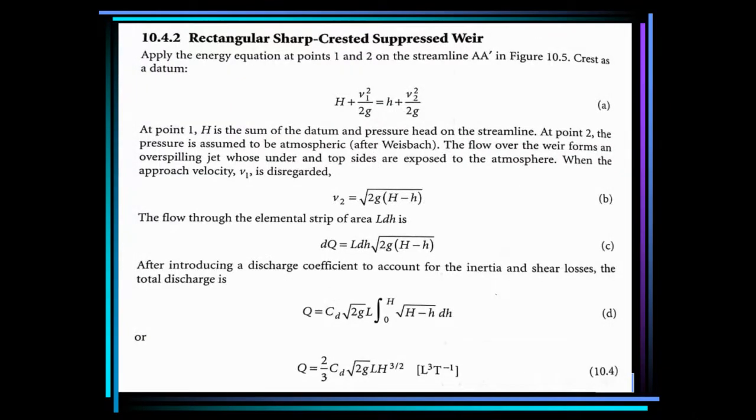At point 2, the pressure is assumed to be atmospheric after Weisbach, and the flow over the weir forms an overspilling jet whose under and top sides are exposed to the atmosphere when the approach velocity v1 is disregarded.